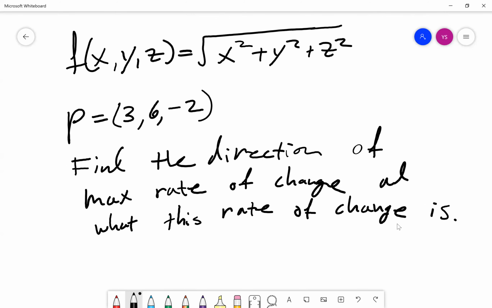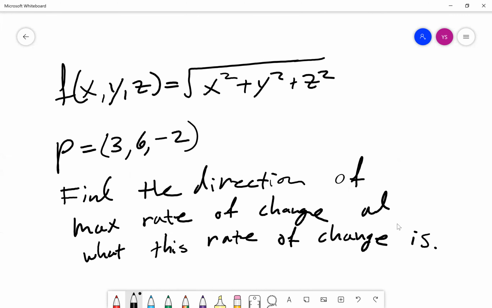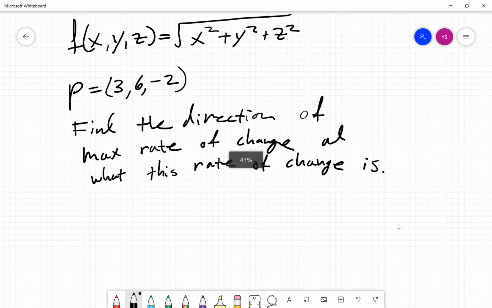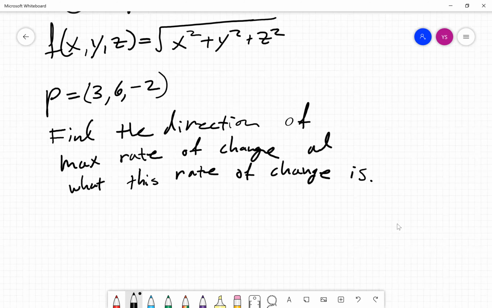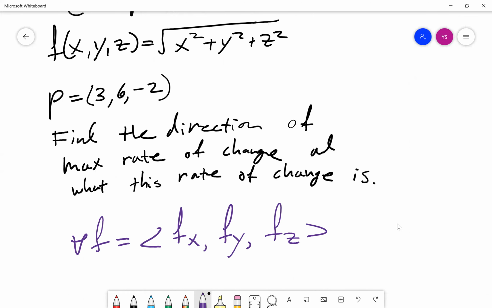Okay, so the direction, like we've said, of greatest increase is the direction of the gradient. So all we need to do is find the gradient of f, which is the partial of f with respect to x, partial of f with respect to y, partial of f with respect to z.